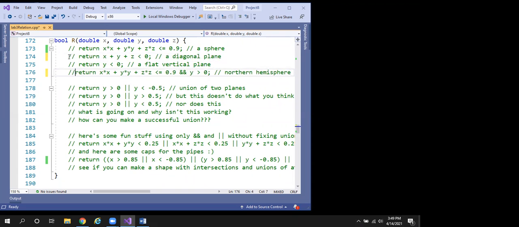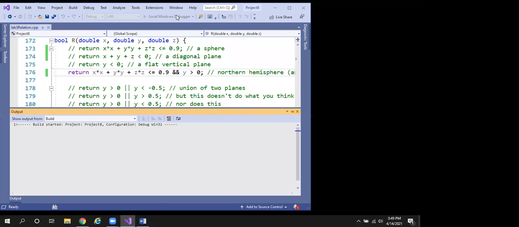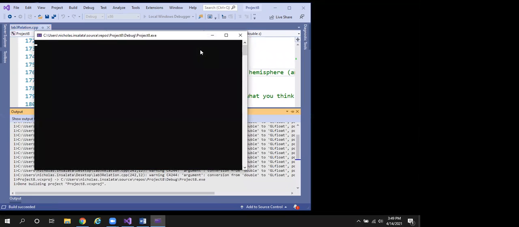Northern hemisphere. What I did here. So this is where it starts to get interesting. So I've got that these guys are less than 0.9 and y is greater than 0. So I'm using some logical connectives here to combine different relations together.